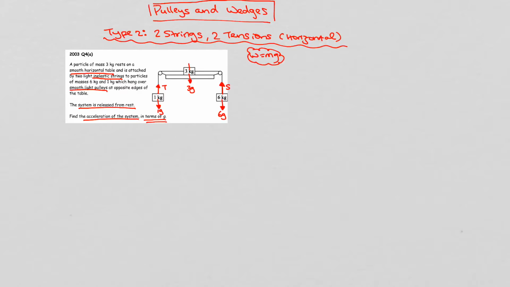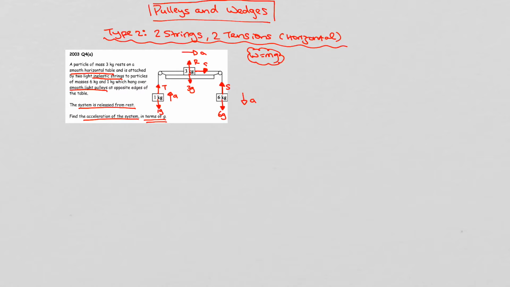But because it's in contact with the table, we're also going to have a reaction force. Now we would expect the 6 kg to pull the system downwards, which means the 1 kg will accelerate upwards and the 3 kg will accelerate to the right. Now we have to remember that the tension always acts away from the object. So because the strings are attached to the 3 kg, we're going to have tensions pulling on either side of this block.